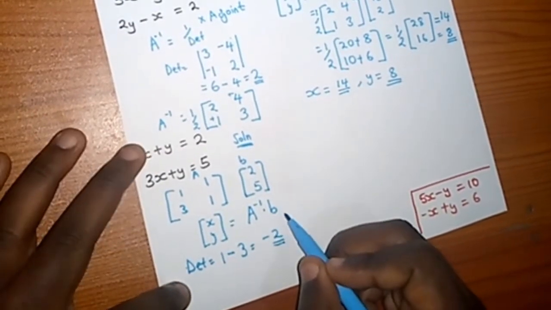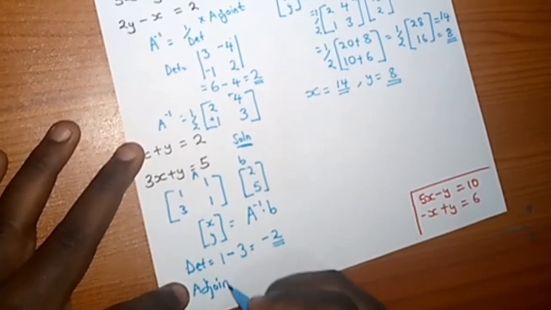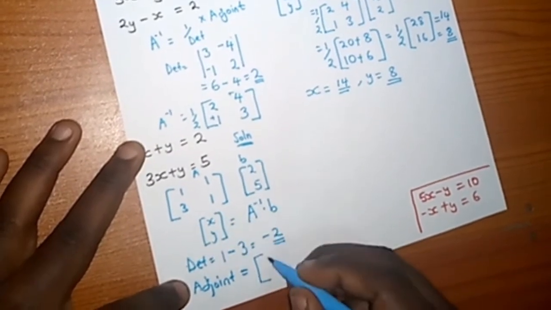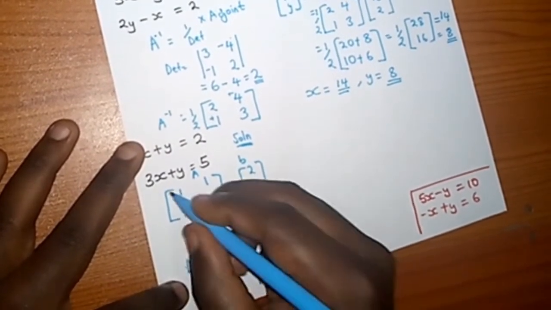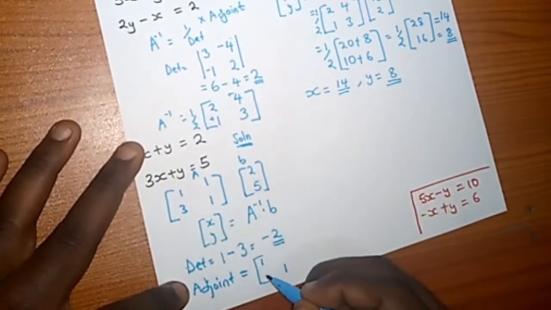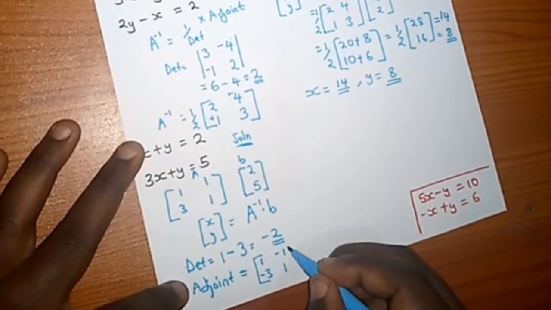Then I also get the adjoint for this case. The numbers in the major diagonal just interchange. Since it is 1 and 1, it remains 1 and 1. Then for these other numbers, we just change their signs.